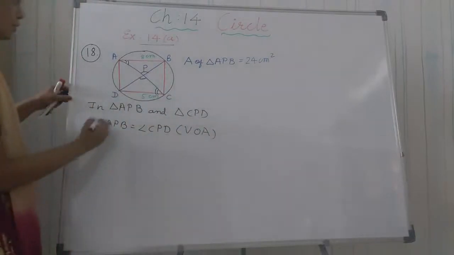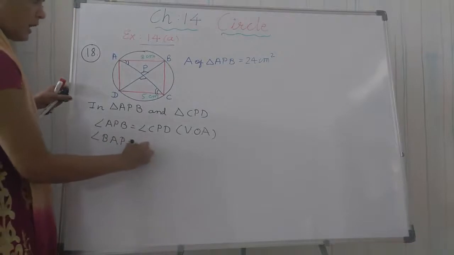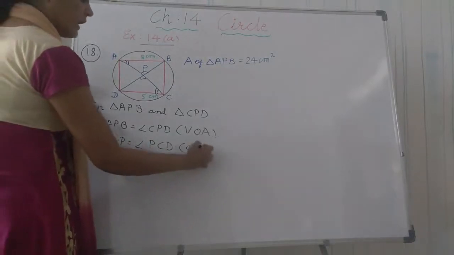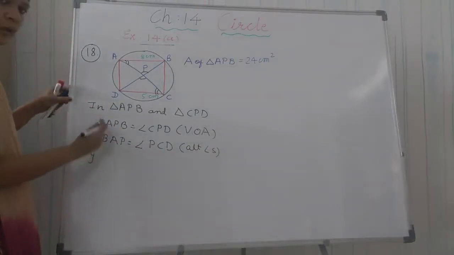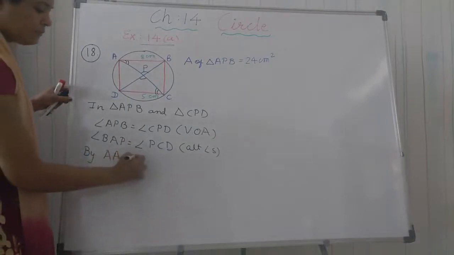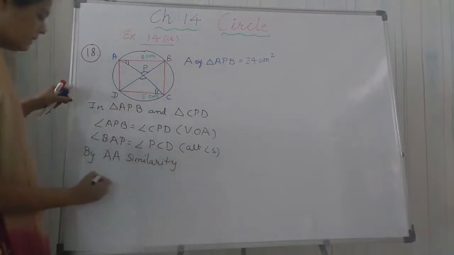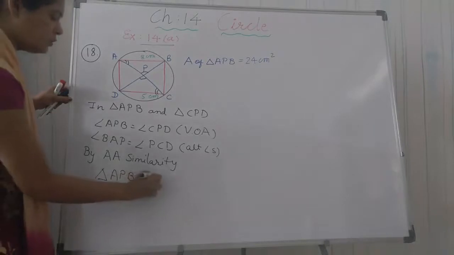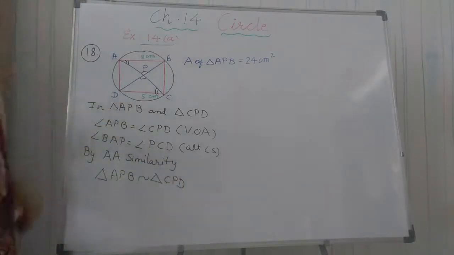Also angle BAP is equal to angle PCD, they are alternate angles, right? If you show two angles equal, you can write, by AA similarity, triangle APB is similar to triangle CPD.